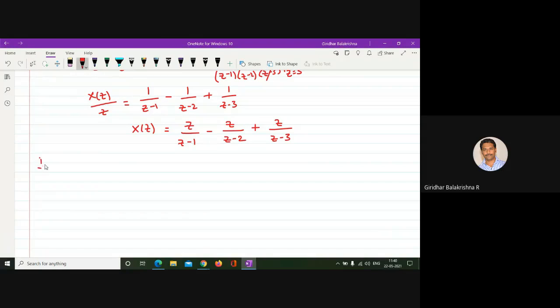Now they have given three different cases. What is the first case? Mod z greater than 3. As there are three different poles, let me draw the ROC.